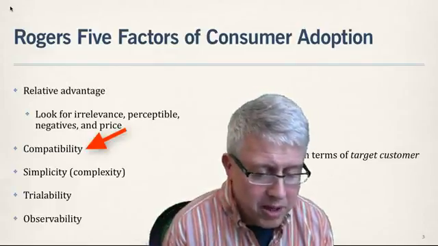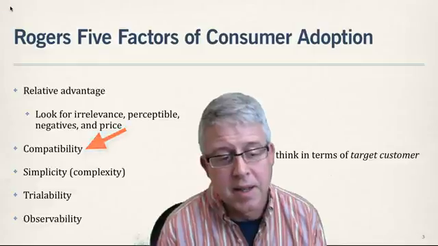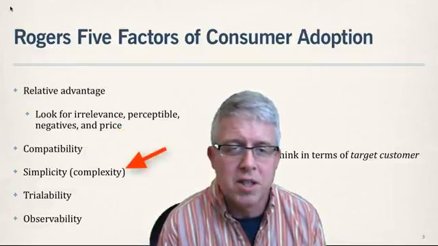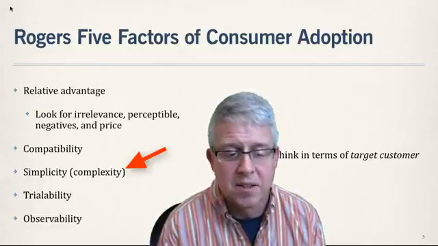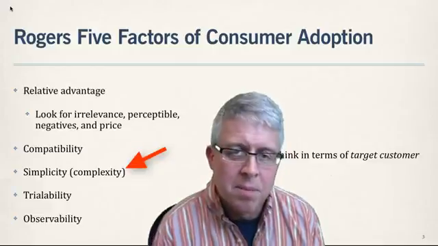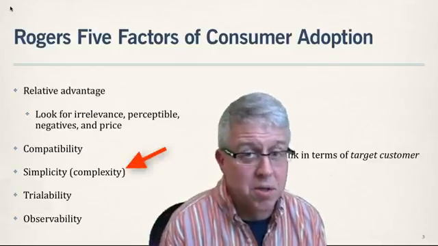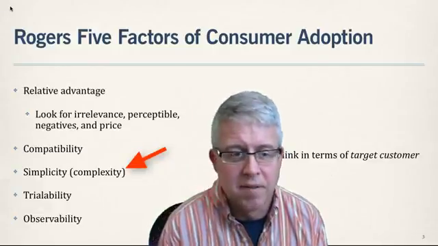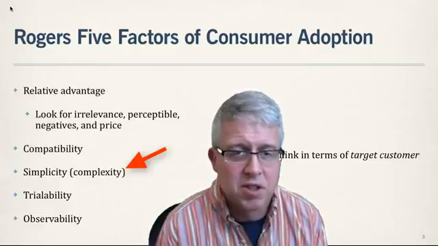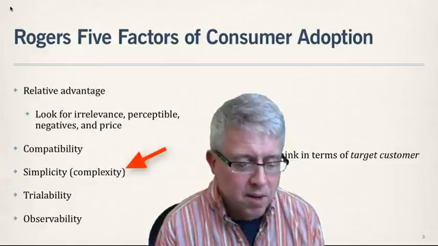Now, in Rogers' paper and in the framework, usually this next factor is called complexity, but I like to call it simplicity because that's the positive end of the spectrum, and the rest of these are all positive factors. So I generally call this the simplicity factor.